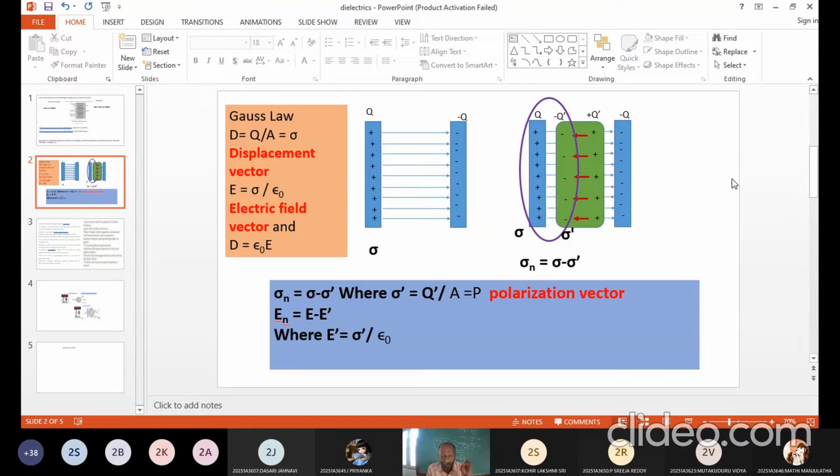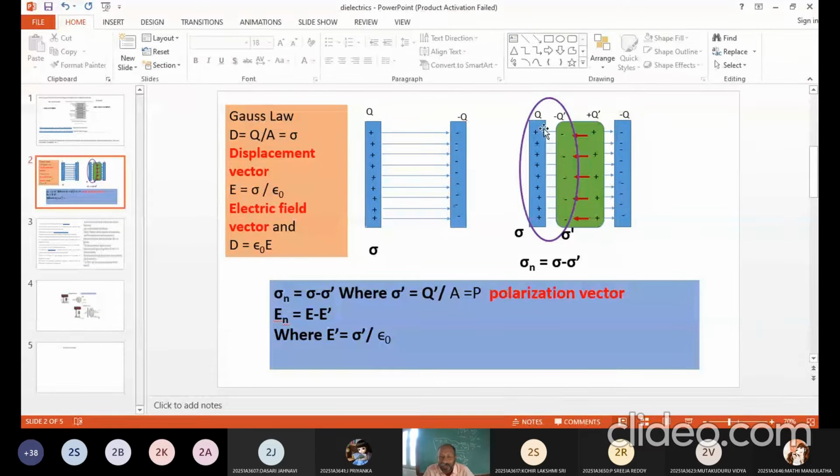Now coming to this case, I placed some charges on this one. Capital Q charge is placed, and I'm calling it rho, the charge density. What is this rho? Rho is the applied charge density.